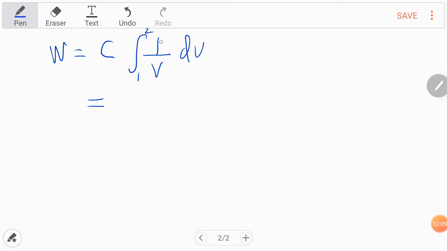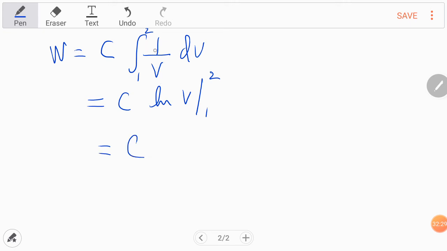Anything that has a variable in the denominator with power 1 can be integrated as ln V from state 1 to 2.